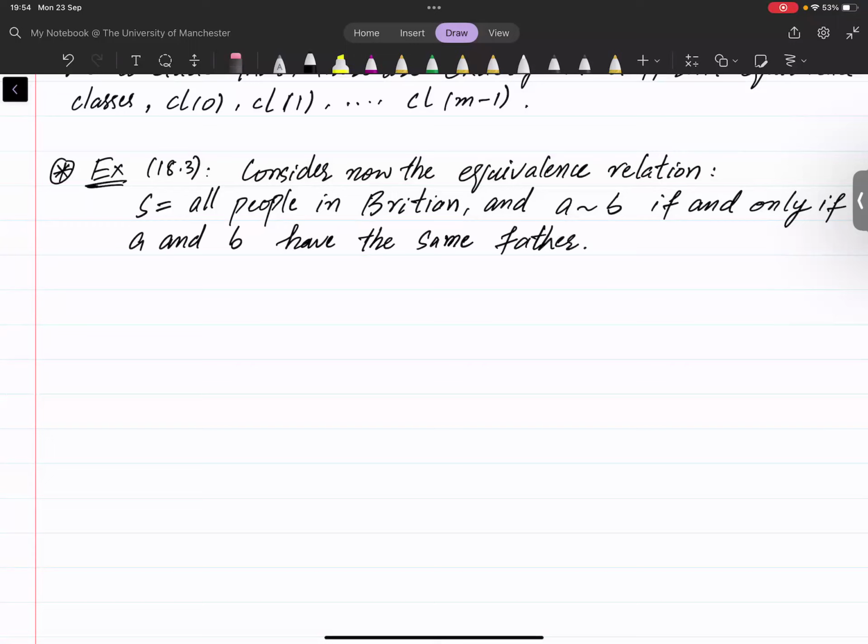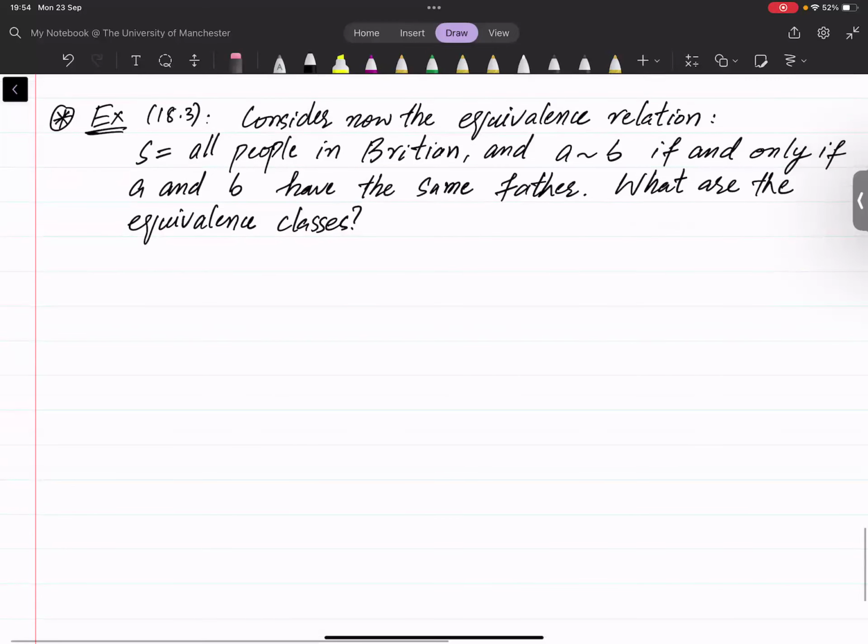What are the equivalence classes? Okay, let's answer this.